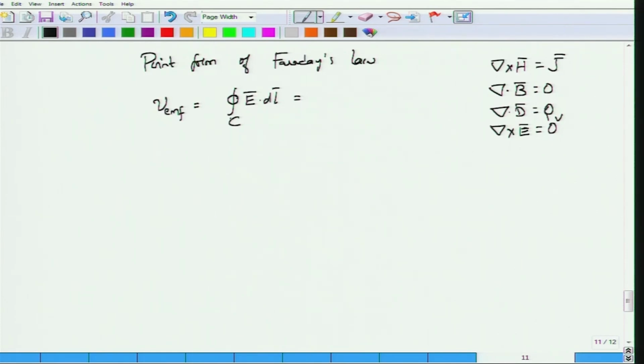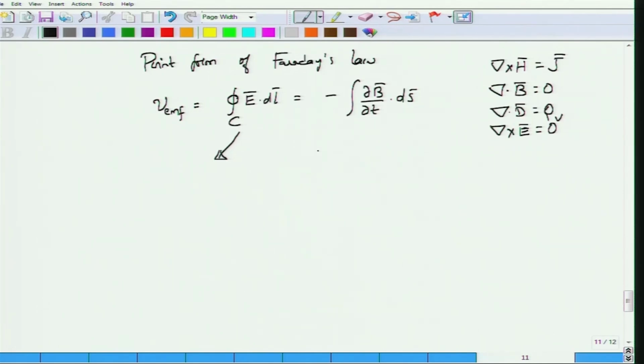So it is the integral of E dot dl, and this should be equal to minus the integral of del B by del t dot dS, correct. To develop the point form, you need to see that if you take the integral of E dot dl over a short closed path and then divide by dS, what you are going to get will be whatever is there on the right hand side, right.